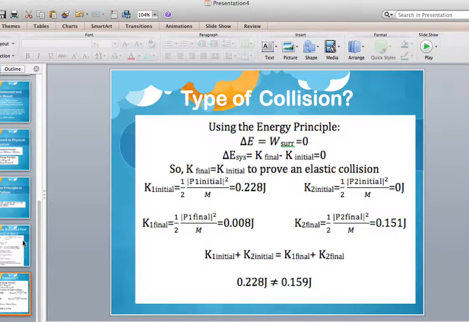So that means the final kinetic energy must be equal to the initial kinetic energy, which is shown here. So basically here are the equations which are used to find the final and initial kinetic energies of the two balls, and from these calculations it is seen that the initial kinetic energy and the final kinetic energy are not equal to each other. Therefore, this must be an inelastic collision because the kinetic energy differs before and after the collision.